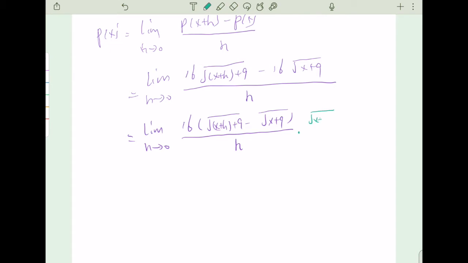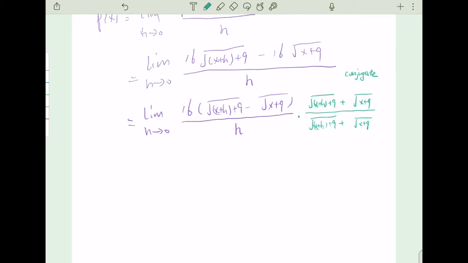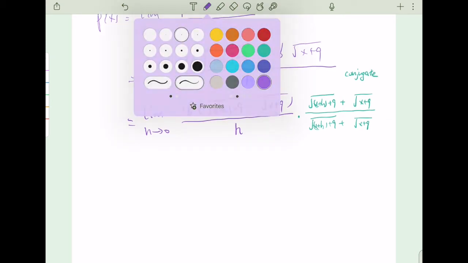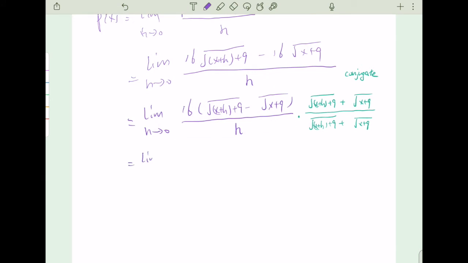So it's this guy plus this, that is called multiplying the conjugate. Okay, and then I make use of the difference of squares formula to simplify the top.